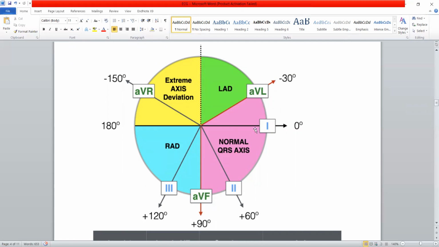So the QRS complex will be negative in both lead 1 and AVF, and the axis will be here between 180 and minus 90, because it is flowing away from lead 1 and it is also flowing away from lead AVF. So in ventricular tachycardia, the axis will be here, which we call extreme axis deviation or northwest axis or no man's land.